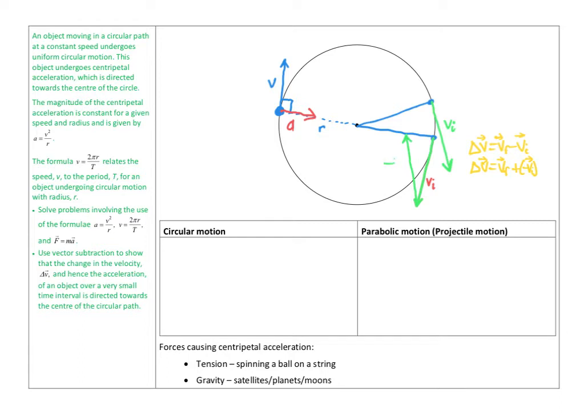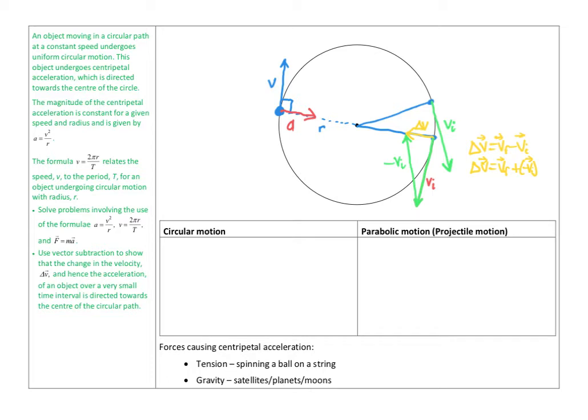So that's minus vi. It's basically parallel to vi, but in the opposite direction. And we can see there that if we do the tip to tail rule, that vector there represents delta v. Therefore, that's the direction of the acceleration and therefore the direction of the force, and that's towards the centre of the circle. So you need to be able to construct a diagram like what I've got there to show that.